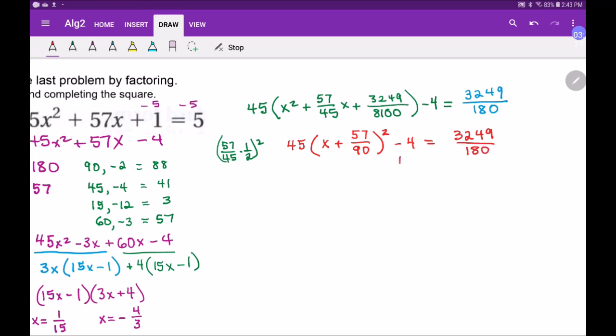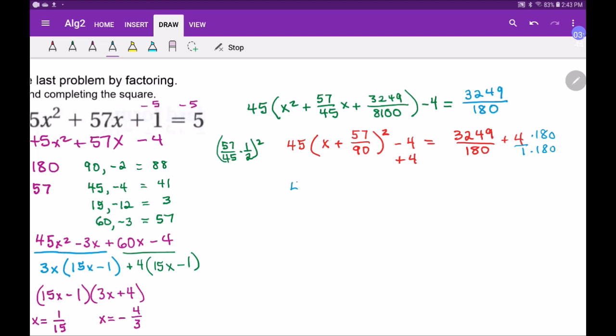Then I'm going to add my 4 here to both sides. That 4, what is that 4 really? Well, it's 4 over 1, and I'm going to have to multiply 180 to get a common denominator so I can add it.